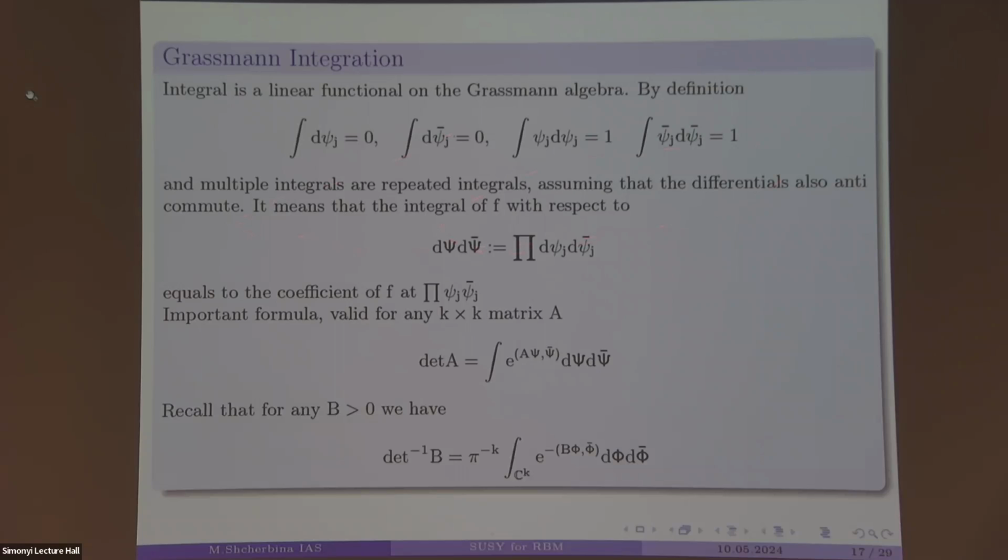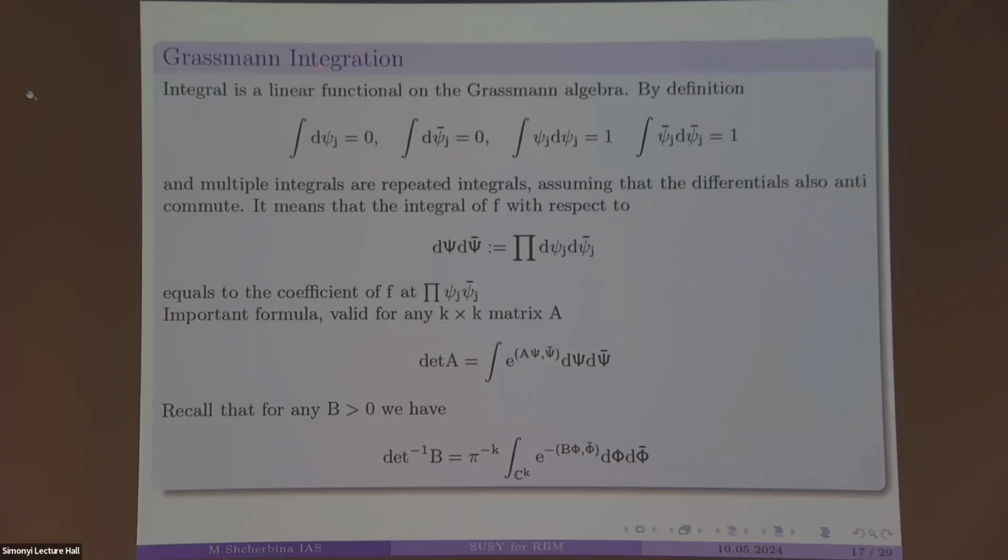And now, if you have a function on your algebra, this is a polynomial, and you apply your functional to this polynomial, and you obtain something non-zero only for the term which contains all psi and all psi bar, because of this property.